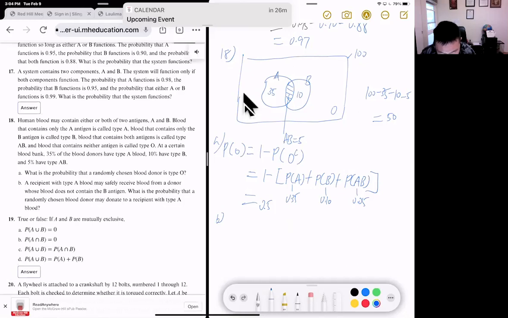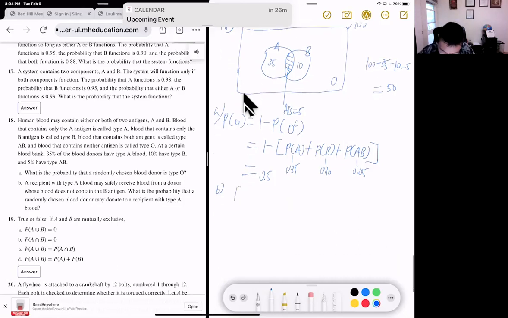So as long as the donor does not have the B antigen, we'll be okay. So the question we are asking is the probability of not having the B antigen. So that'd be 1 minus the probability of having the B antigen.